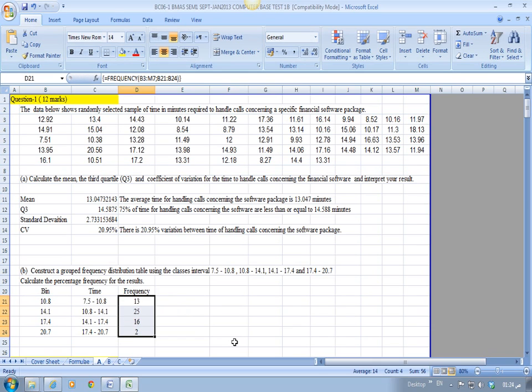Then you will find the computer calculates all the frequencies for you. Here is the first answer for the question: construct a group frequency distribution. This is a group frequency distribution.